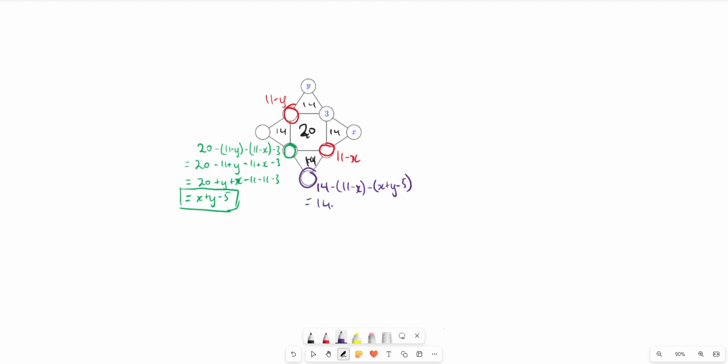Expanding the brackets, you get 14 minus 11 plus x minus x minus y plus 5, and the x's cancel out.